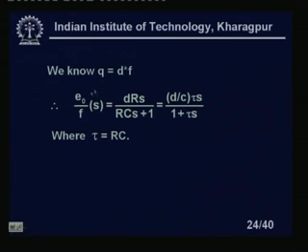So, the actual sensitivity we have to find is not E naught by Q, we have to find E naught by F, the output voltage divided by the force which you have applied, equal to d into R into S divided by RCS plus 1. This we can write as d by C into tau S divided by 1 plus tau S, where tau equals R into C, clear.